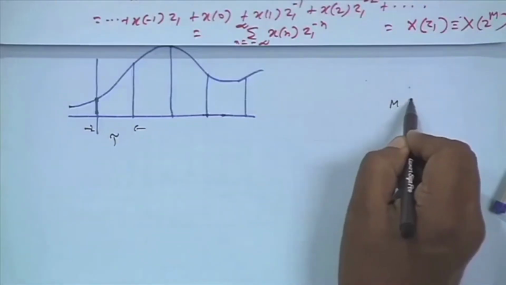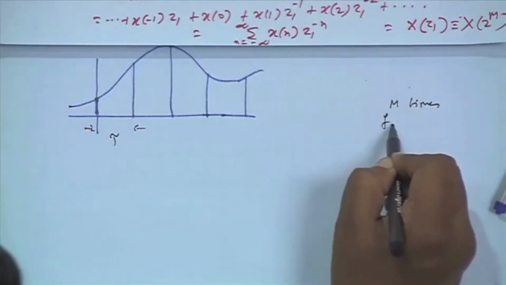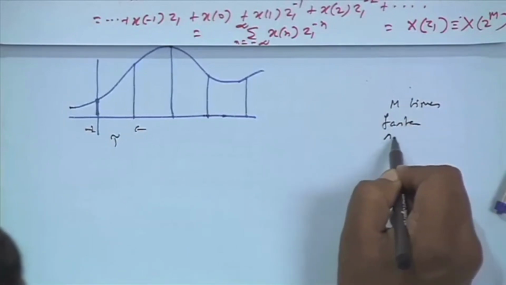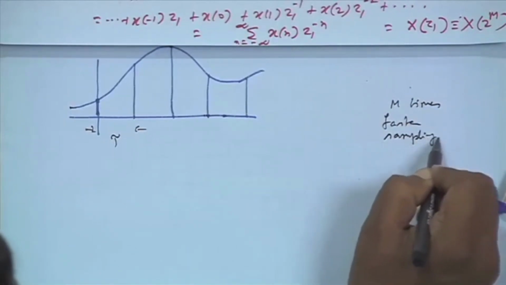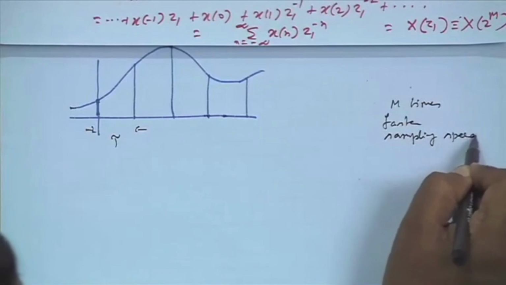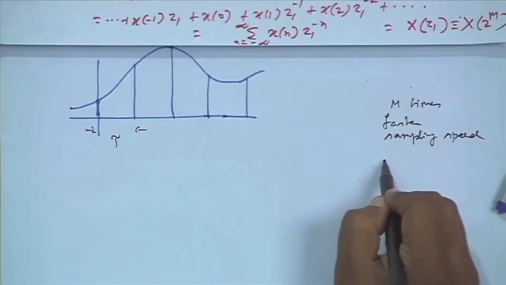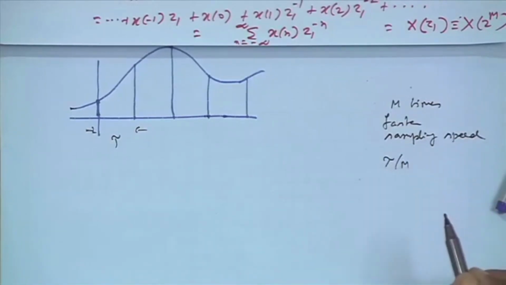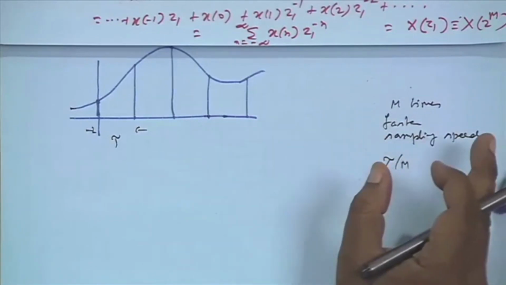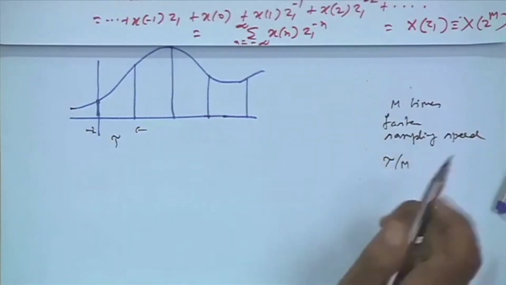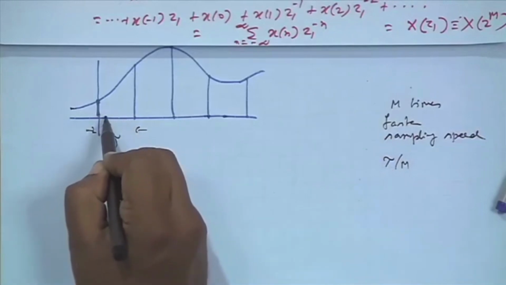But if I had employed, suppose, m times faster sampling speed, that means the sampling period would have been tau by m. Speed goes up by m times means period goes down by m. So, instead of tau, I would have tau by m.